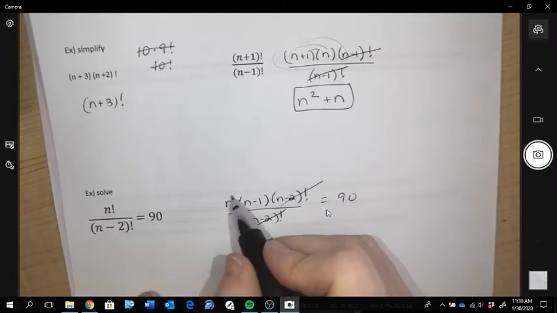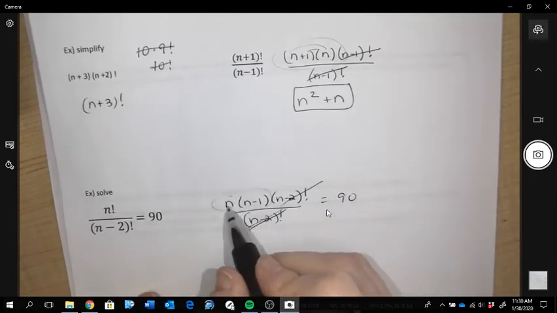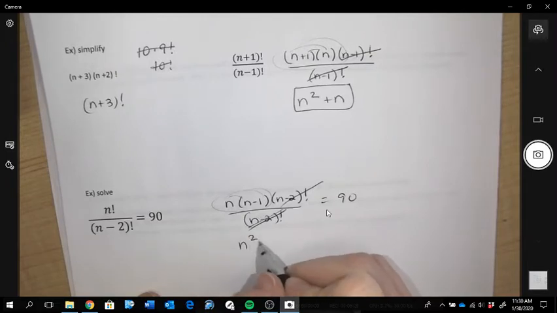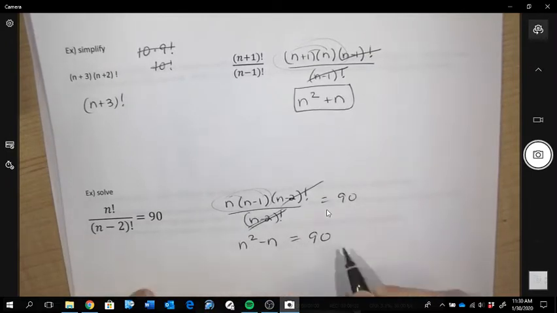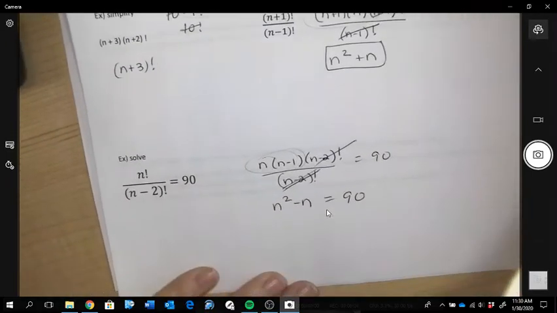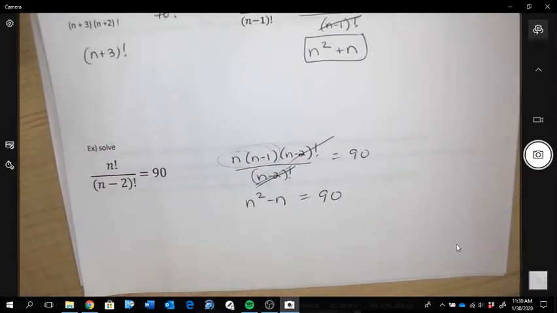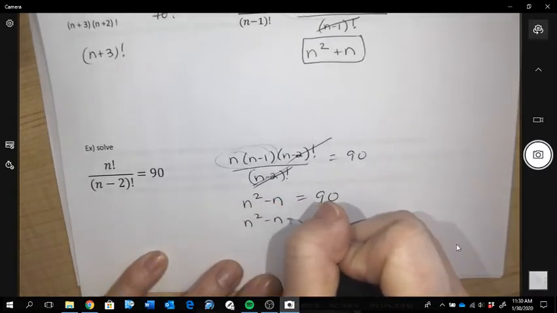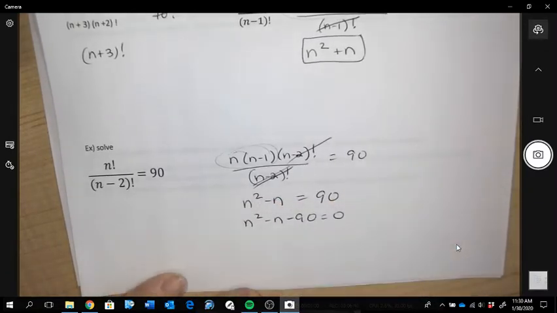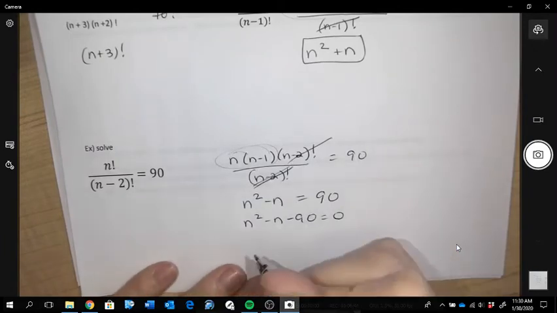Now I'm going to take this piece that's left and expand it, n squared minus n. So now we're at a point where we should have known what to do from grade 11. I would want to make this a quadratic equation by moving the 90 over, and I would try to solve by factoring.